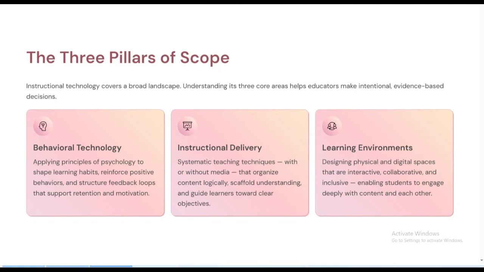So we look at the three pillars of scope. What is the scope of instructional technology? Instructional technology covers three main broad areas, and understanding this helps teachers to be intentional and make evidence-based decisions.